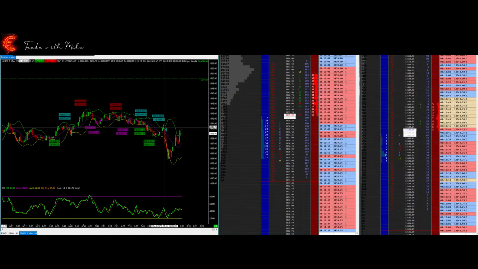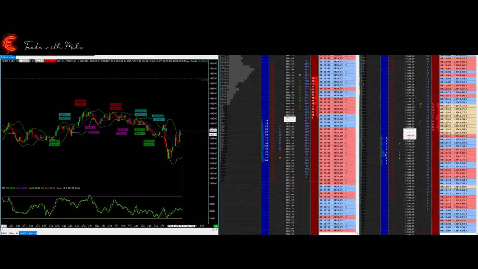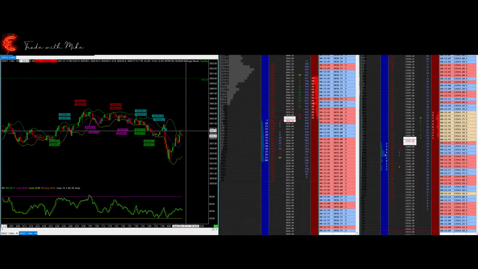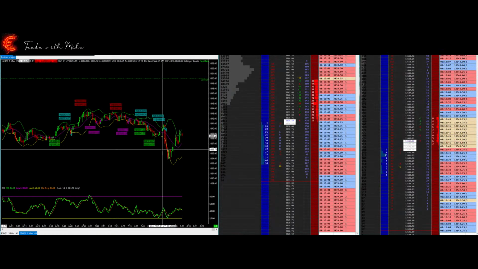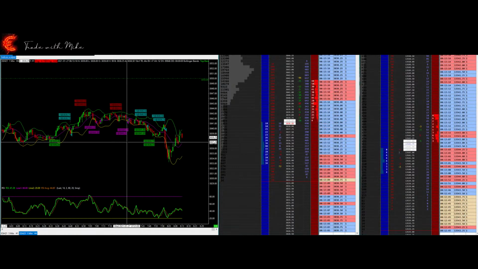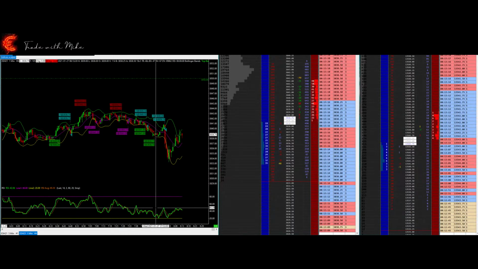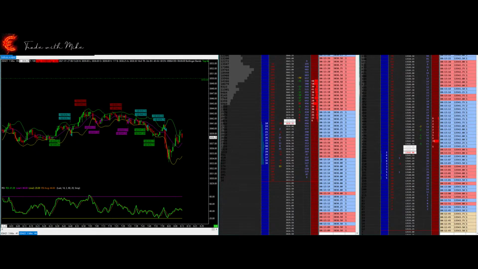Here, 9 o'clock, and it's an open of the European session, and down, goes back up, retests, not bad. Alright, somehow I just don't see the strength to the upside.